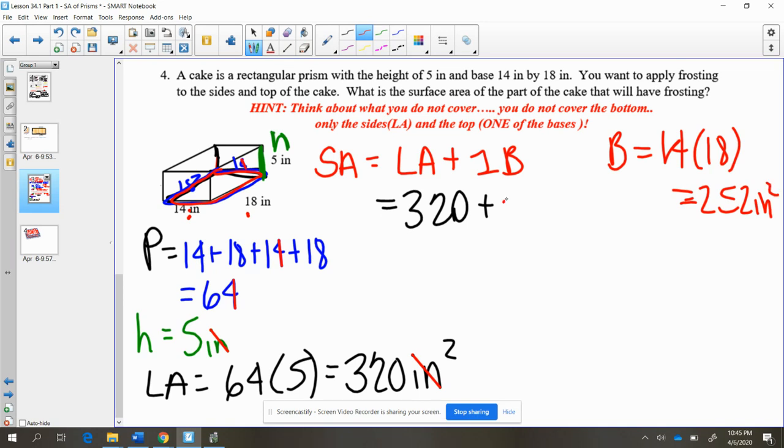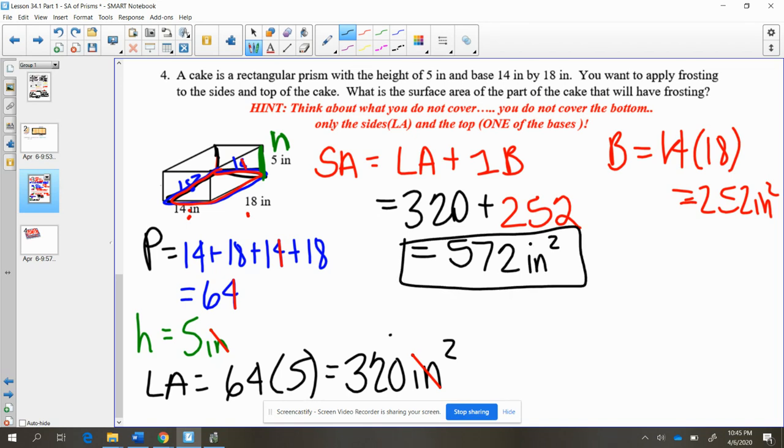And again, we're only going to add 1 base instead of our normal 2 because we're not frosting the bottom of this cake. So our total area here is going to be 320 plus 252, which is 572 square inches of delicious frosting.